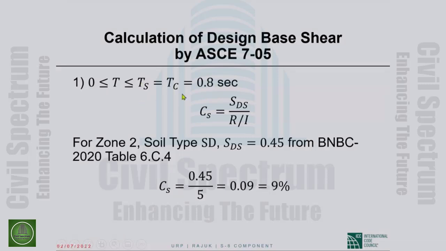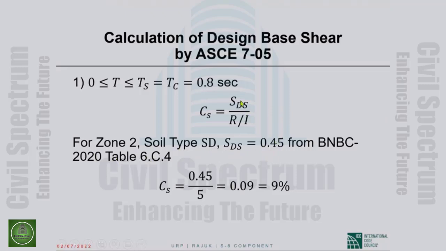So the flat top of ASCE 7 is given by this expression. C sub S, in that case, C sub S is what we multiply the weight by to get the base shear. Okay, this is not the same C sub S of BNBC. This is why I ran the numbers and am discussing the subtleties so much. So C sub S is S sub DS over R over I. For zone 2 soil type SD, S sub DS is 0.45 from BNBC.